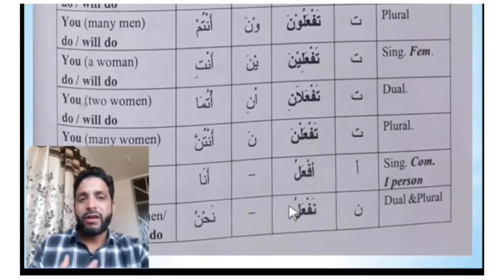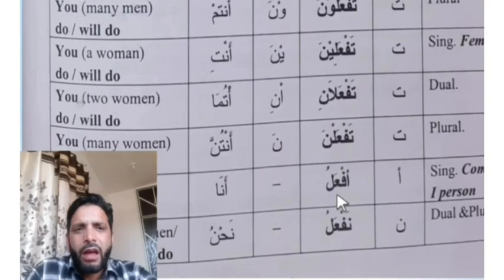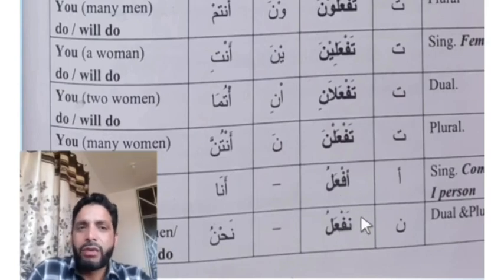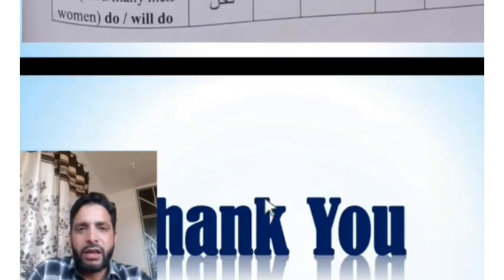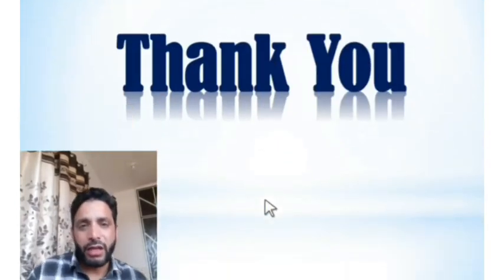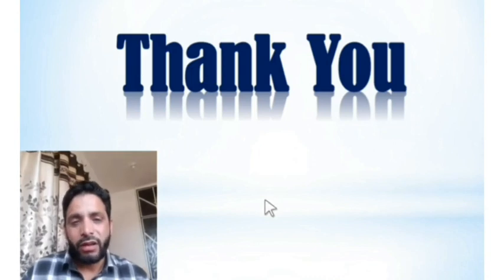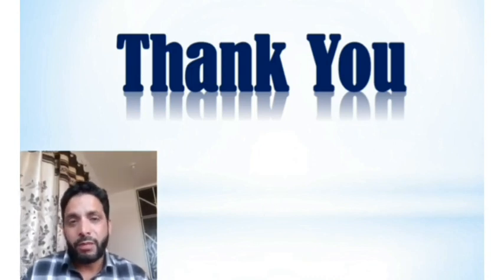These two are used for first person, masculine or feminine, both af'al and naf'al. In this way we have finished the standard conjugation of this fi'l mudhari, and inshallah in the next topic we shall learn fi'l al-amr, imperative verb, and fi'l al-nahi, prohibitive verb.